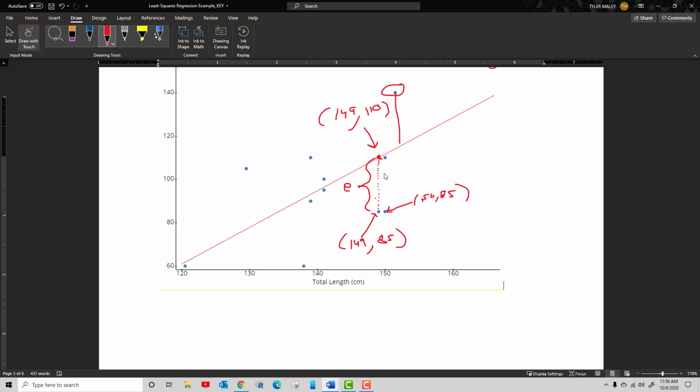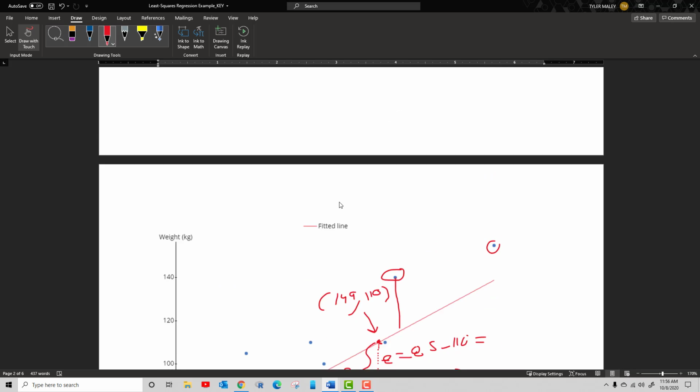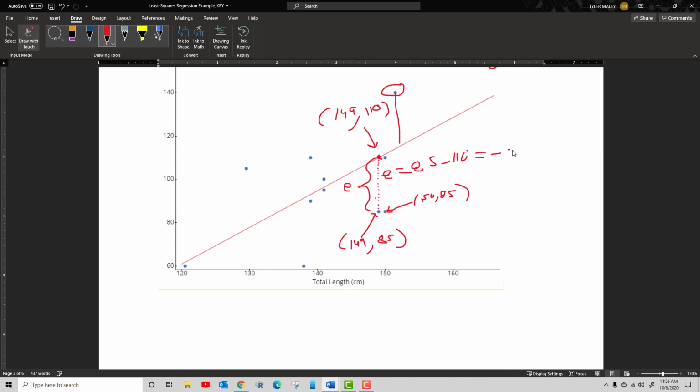E was equal to 85 minus 110, and we found that to be negative 25. So that distance is the residual. You can see it's below average because remember the red line is the average values, and we're below it. In other words, my residual is negative.